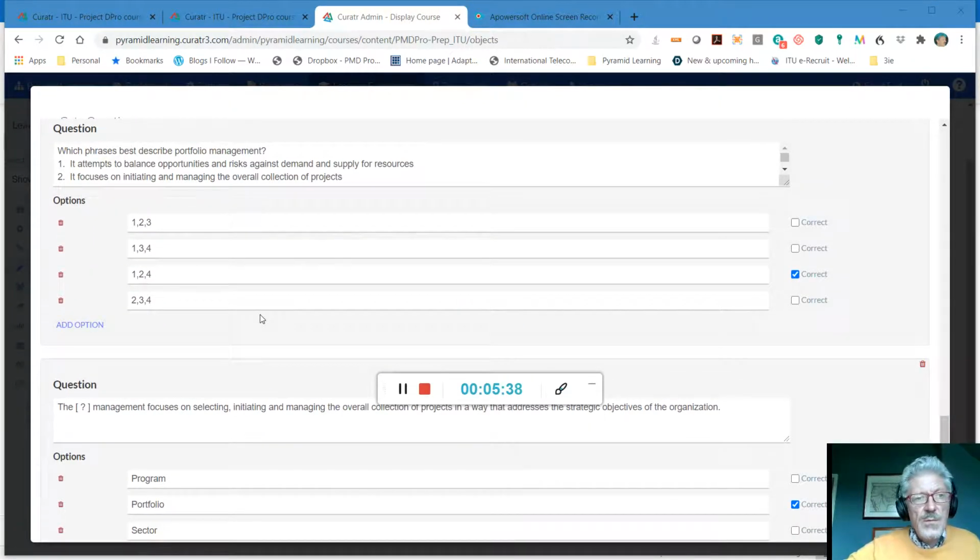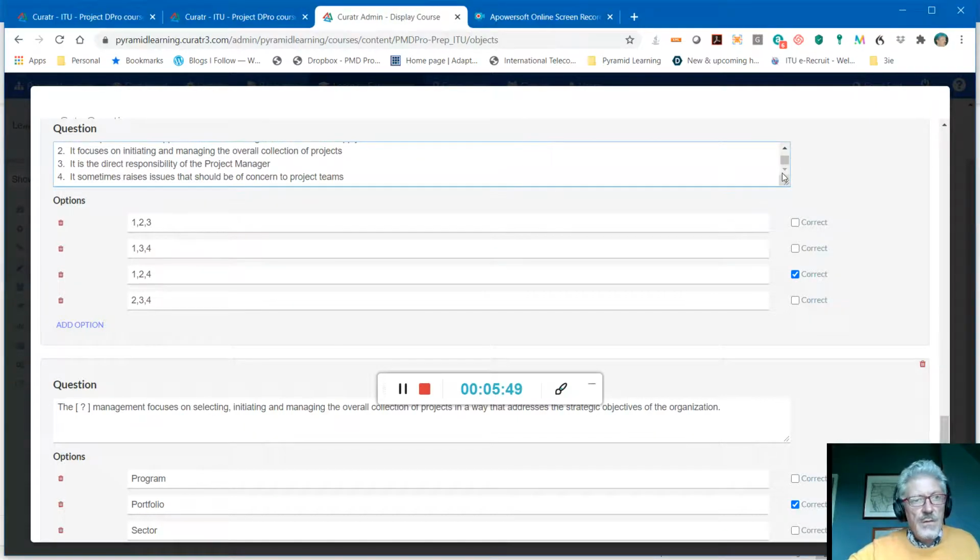What describes portfolio management? Well, this is an interesting question because there's a quick way to do it. You look through the options. One, attempting to balance opportunities and risks. Two, focuses on initiating and managing. Three, direct responsibility of the project manager. And four, raises issues, and so on. Well, we can very quickly see.